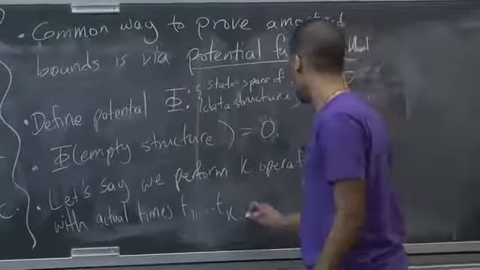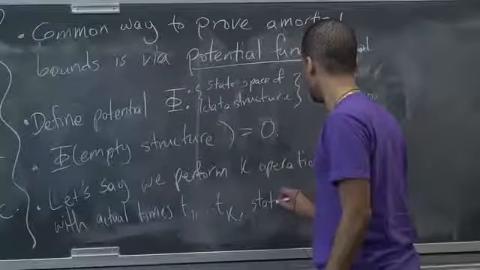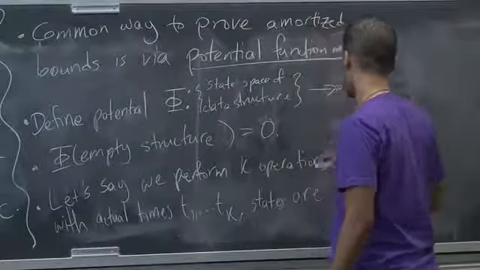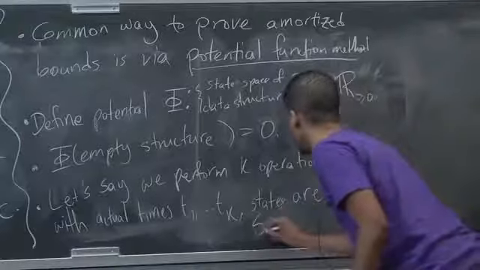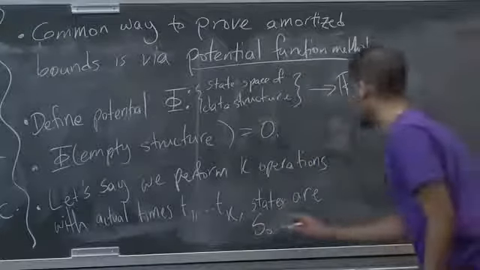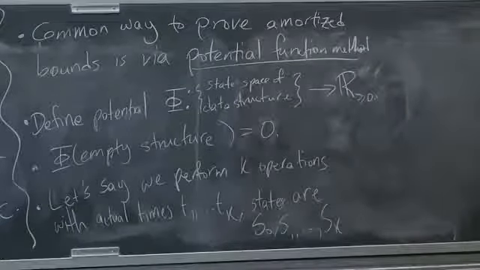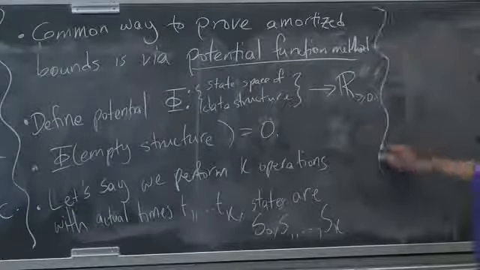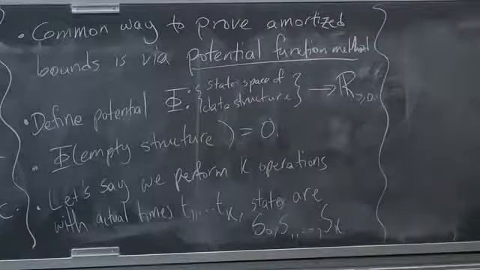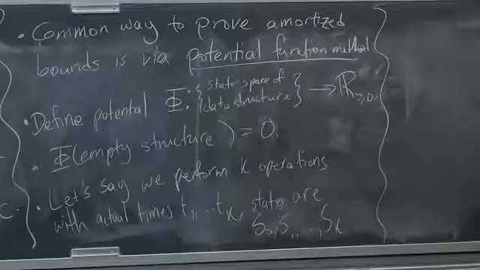And the states of the data structure are S_0 before we start any operation, S_1 up to S_k. So S_i is the state of the data structure after the ith operation. S_0 is before we do anything at all. Okay.